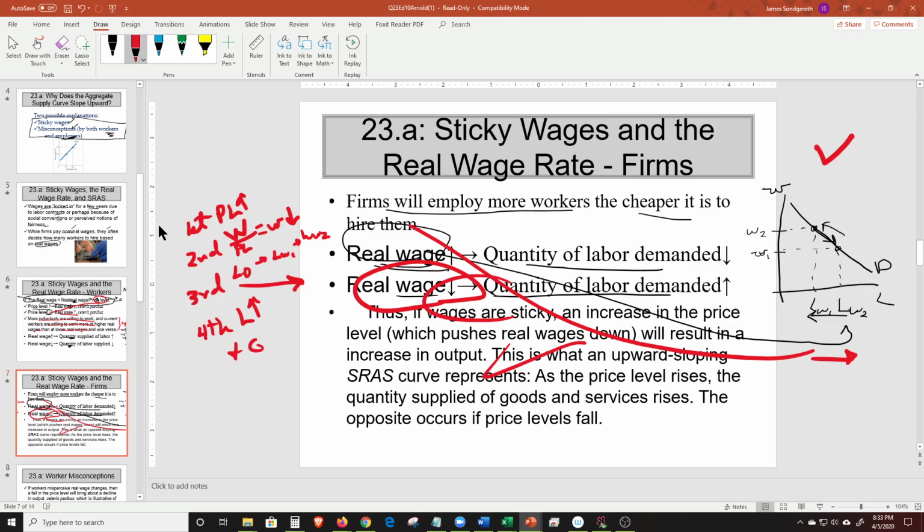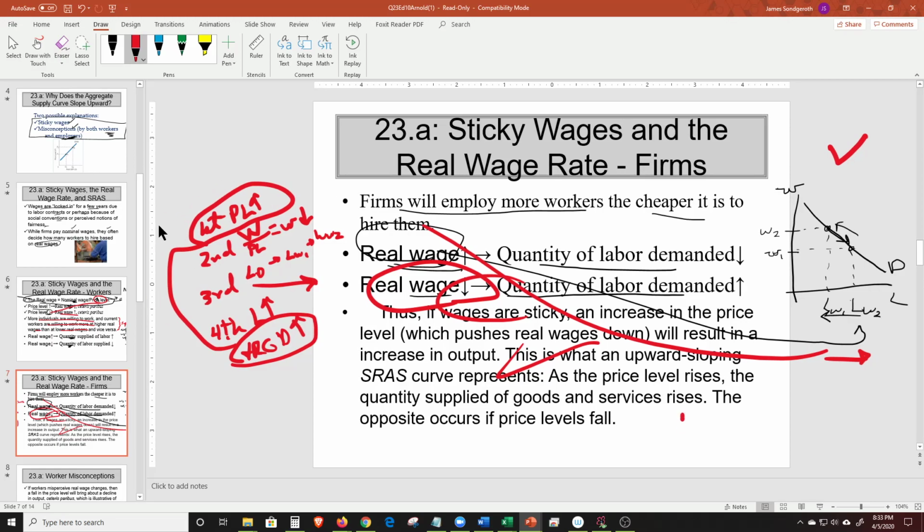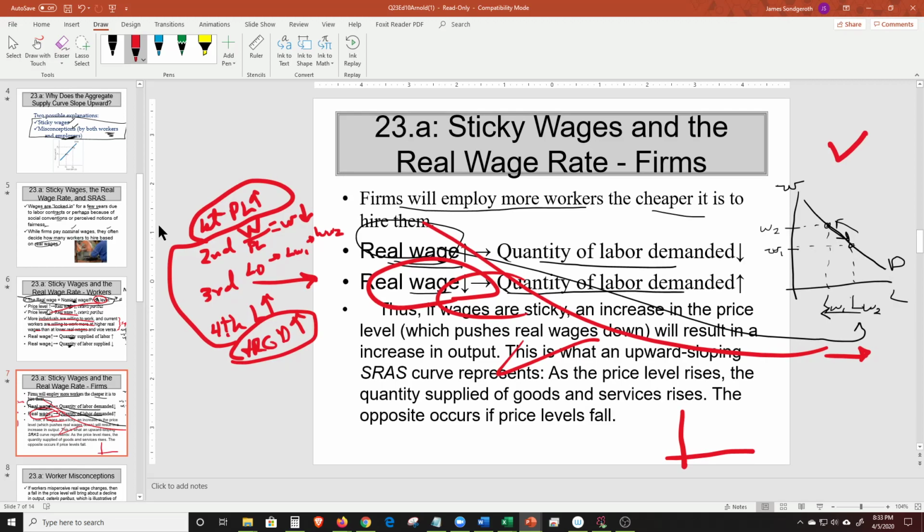And real GDP increases. So then what you get is this increase in real GDP with this increase in price level. And so if we draw that here, here's the price level, here's the real GDP. And so the price level goes up, real GDP goes up.